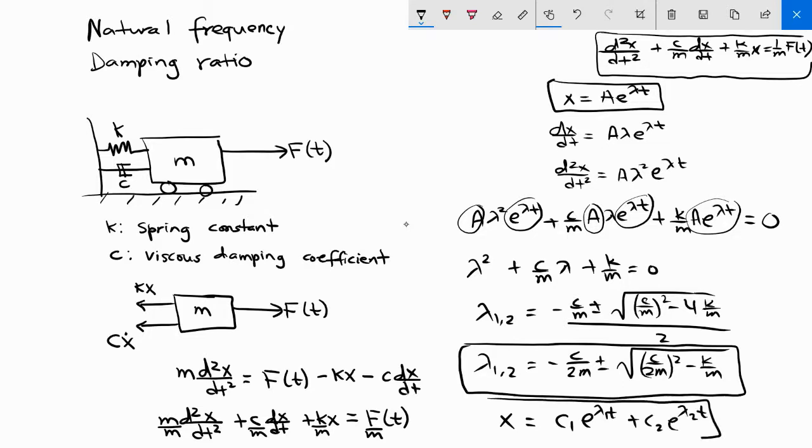This is the solution, and c1 and c2 will be determined by the initial conditions. Now there are three scenarios created by this lambda. Let's discuss those three scenarios, because the behavior of x with respect to time is going to be different in those three scenarios.